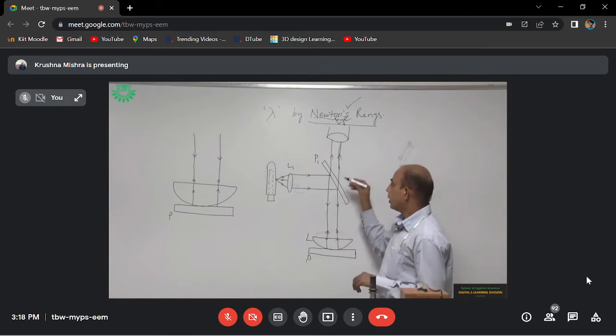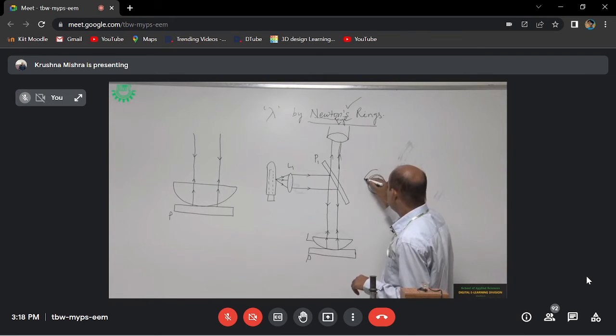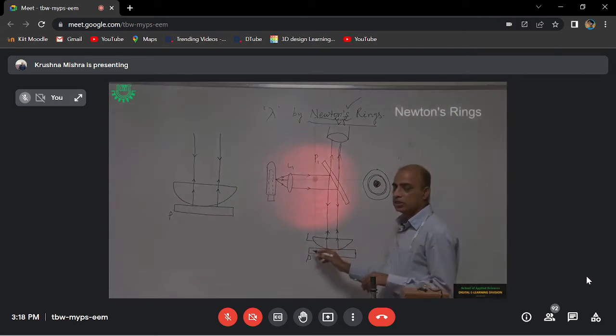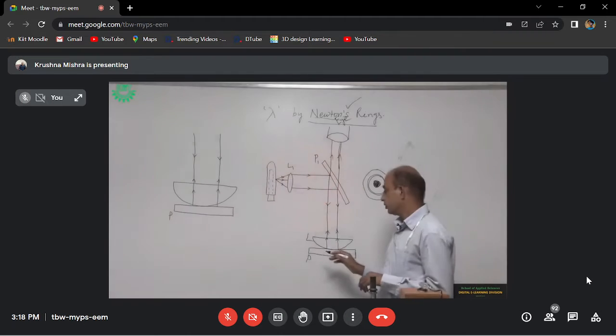So the diameter of the center, this is the center and it is perfectly dark. Then after that alternate dark and bright fringes are formed with decreasing thickness, because this air film is of varying thickness from the center onwards.